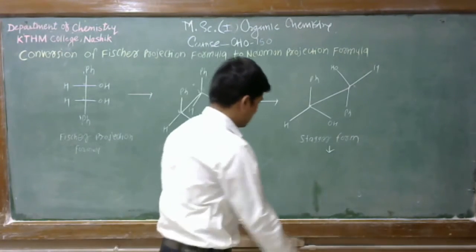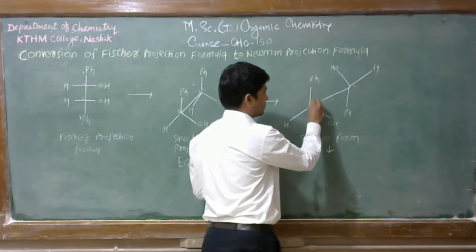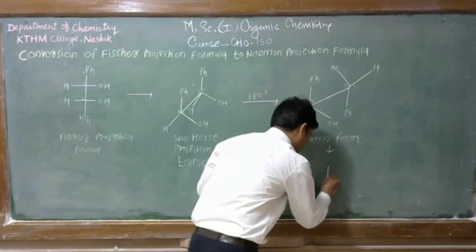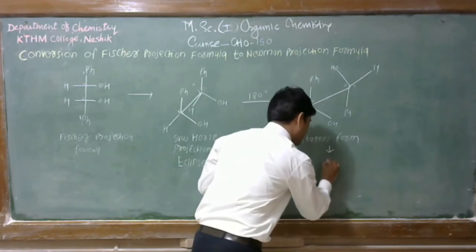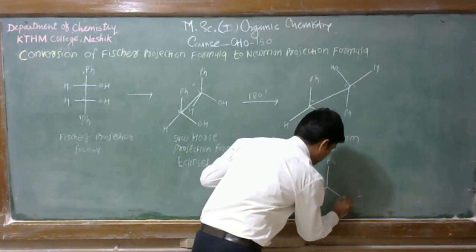Therefore, draw here the front carbon atom. See, this is the front carbon atom. If carbon number 2 is the front carbon atom, carbon number 3 is the rear carbon atom, and on carbon number 2 the phenyl group is here. This is the hydrogen here and this is the hydroxyl group here.